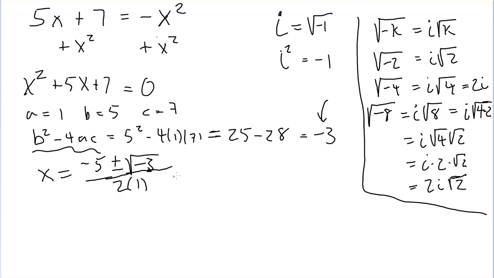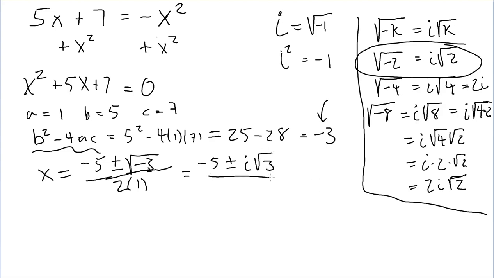What was a? 1. So that's -5 plus or minus, what's the square root of -3? Well, I follow this pattern here, i square root 3. And 2 times 1 is 2. And that's a pretty good answer right there.